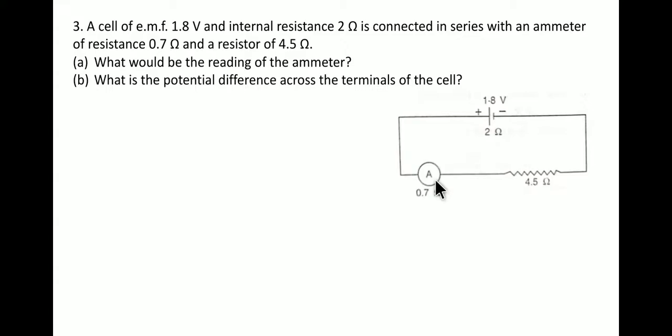Since the resistances over here are connected in series, the total resistance is equal to 2 ohm plus 0.7 ohm plus 4.5 ohm, that equals 7.2 ohms. And since the EMF is 1.8 volt, we can write EMF is 1.8 volt.